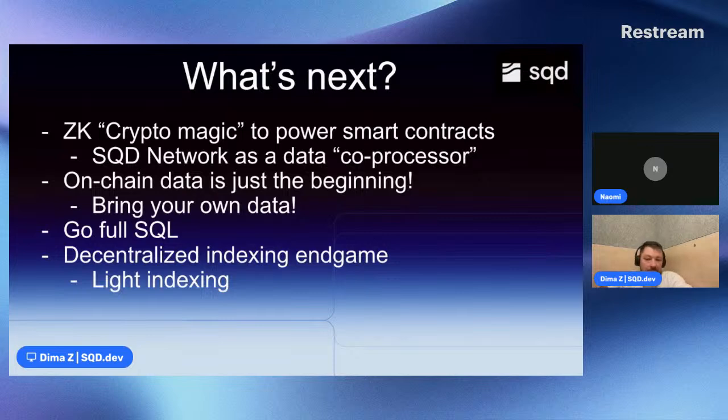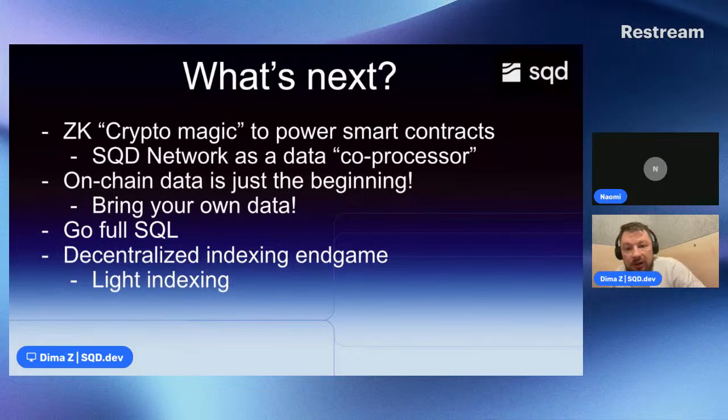Now, let's peek into the future. And as I said, this is just the beginning. For now, we've been focusing on providing very fast access to the on-chain data and providing this historical data to indexers. But a lot more opportunities open up once you adopt this ZK crypto magic, so that you can verify the answers directly in smart contracts.